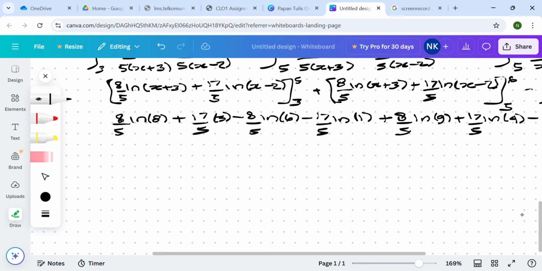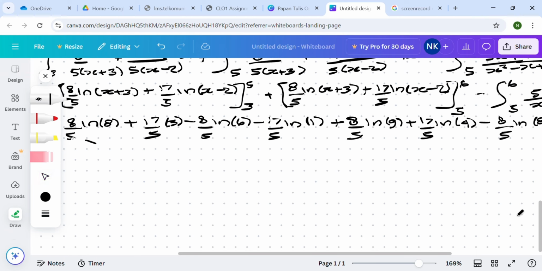And then we can eliminate this part because this cancels out. And I'm sorry, this should be 17 over 5 ln 3, 17 over 5 ln 3.